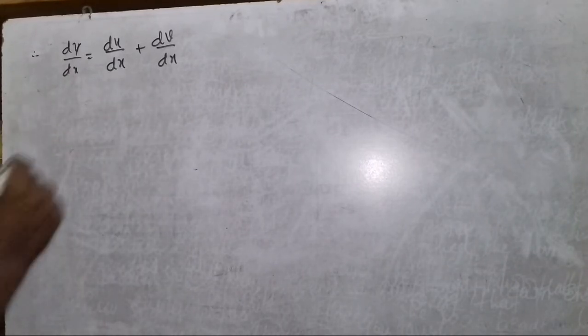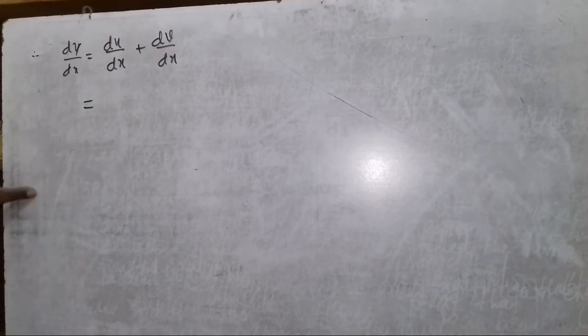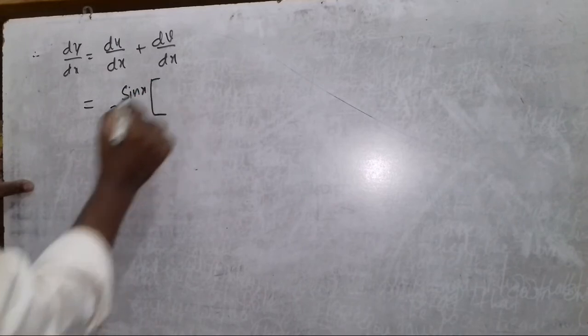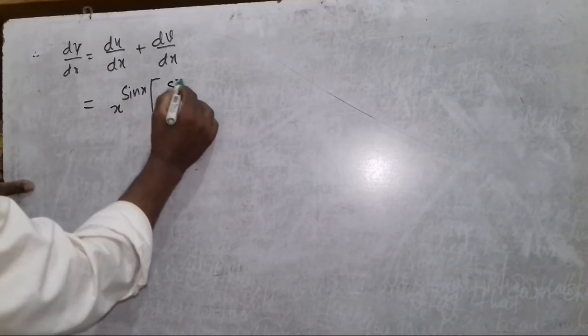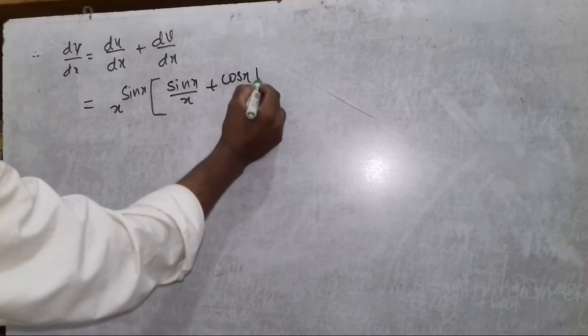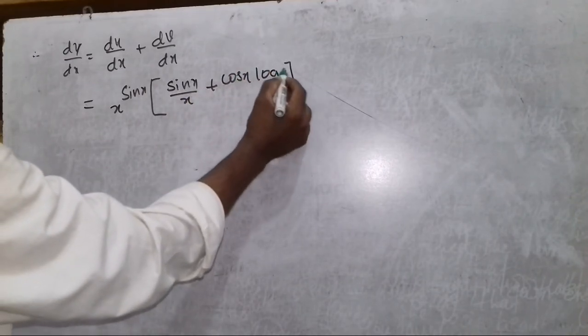So du by dx is x raised to sin x into bracket, sin x upon x plus cos x log x.